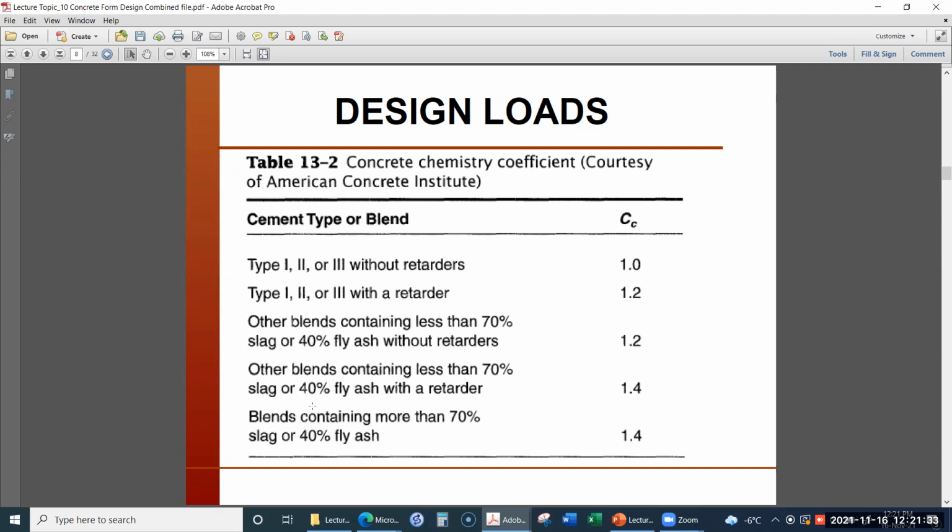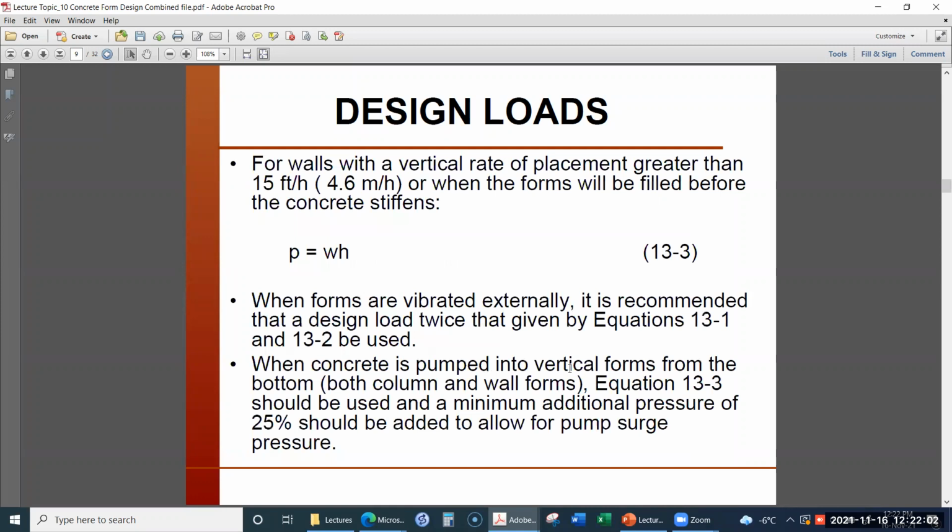If slag and fly ash are used with a retarder, we can use 1.4. And similarly, for blends containing more than 70% slag or 40% fly ash, again a CC coefficient of 1.4 should be used. Okay, so all of this discussion is for the lateral pressure.